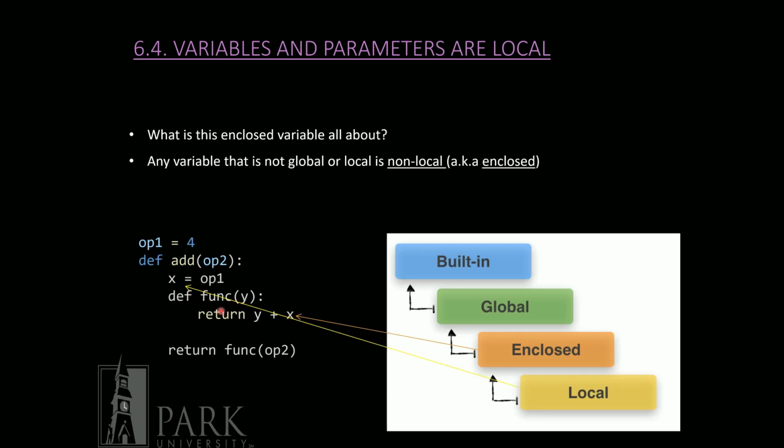We have defined a new function called func, and x is not a local variable, but it is enclosed within the add function. So x is local to the add function, but it is enclosed to this function right here, just called func, right? It is not a global variable because it does not exist at the module level. So we declare it inside of the add function, so it's local to add, but it is enclosed to func.